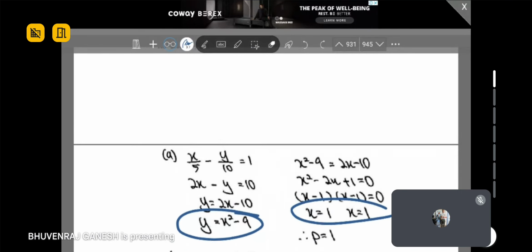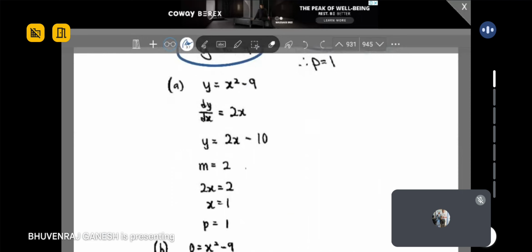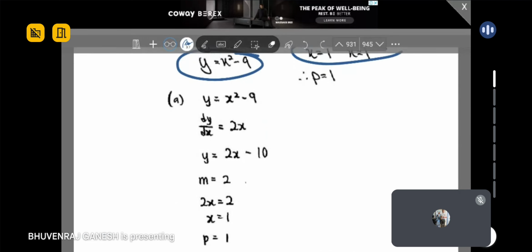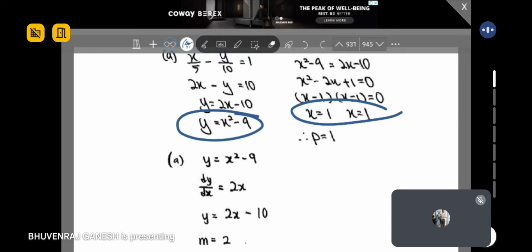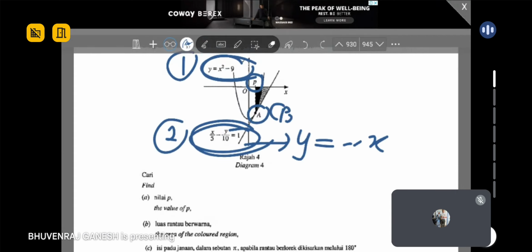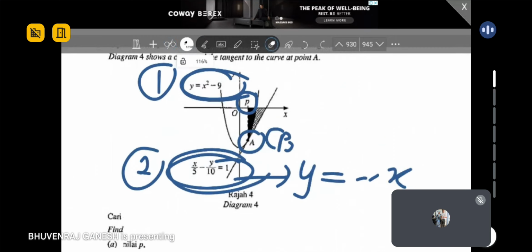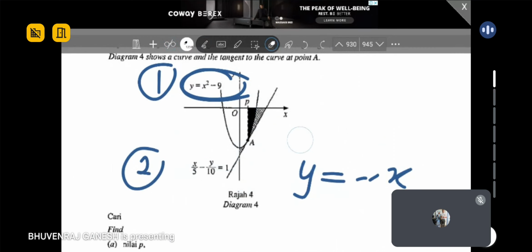Boleh kan? Simple, right? This is also another method for question A. Satu lagi kaedah. So you can use dy dx also, guys, over here for question A. Boleh guna kaedah ni juga. Because if you notice, this line is a tangent to the curve, am I right, guys? Because it touched the curve only at point A. Dia sentuh lengkung satu titik saja. So we call this line a tangent.